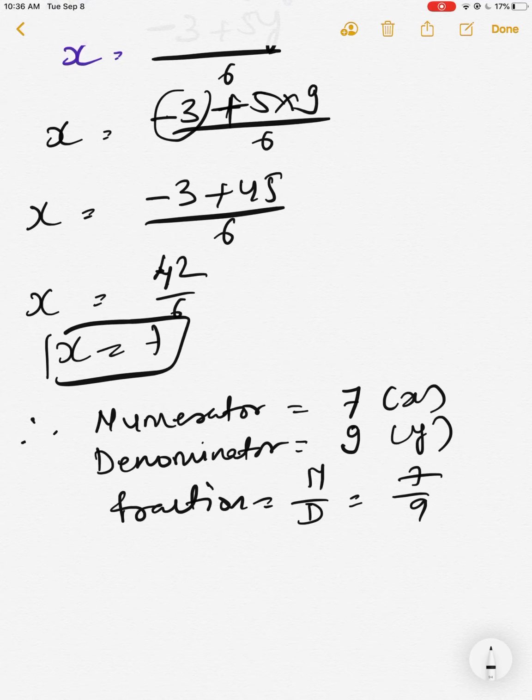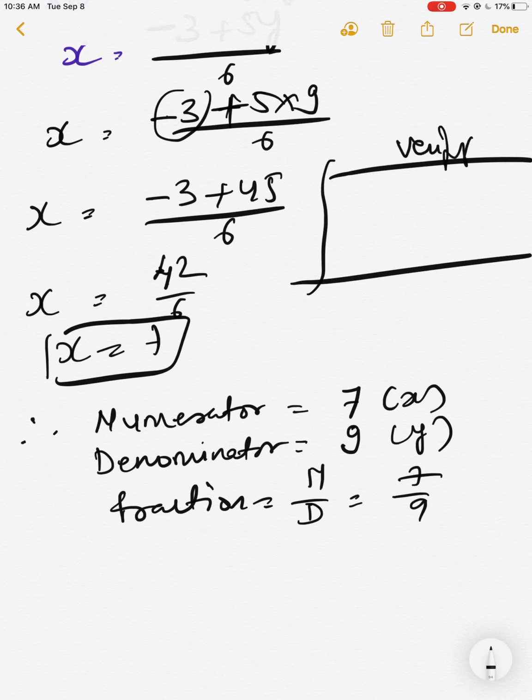If you want, we can verify. What is the verification? Now numerator and denominator 7 upon 9. If 2 is added to numerator and 2 is added to denominator, the fraction becomes 9 upon 11. 7 plus 2 is 9, and 9 plus 2 is 11.